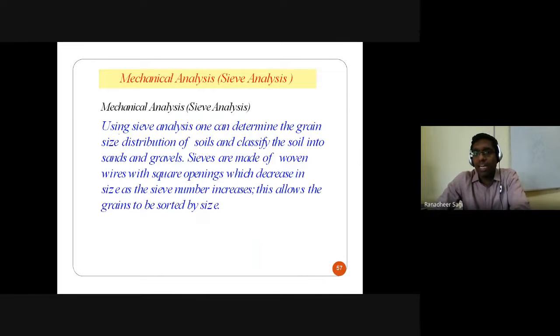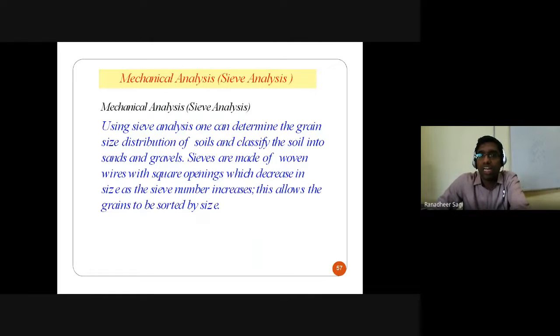In this mechanical analysis or sieve analysis, we are going to be using a set of sieves of different sizes, which have different size openings. So using sieve analysis, what are we trying to find out? We are trying to find out the different sizes of coarse grain particles existing in that coarse grain soil mass.